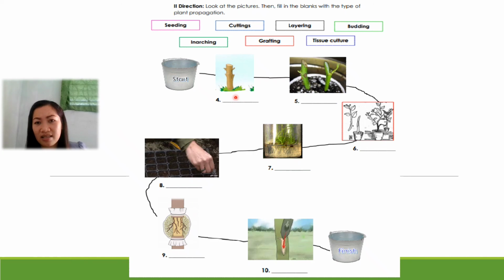Is it cuttings? Is it layering, budding, inarching, grafting, or tissue culture? How about number 5, 6, 7, 8, 9, and 10? And that's the end of your worksheet.